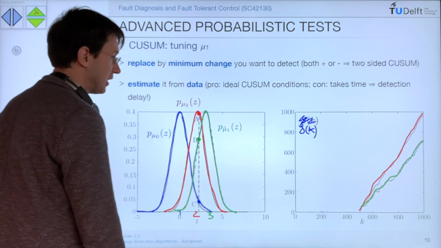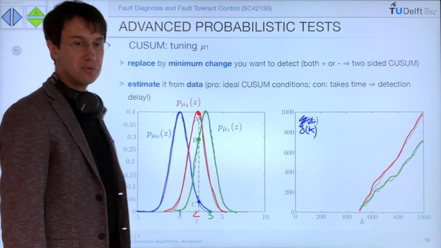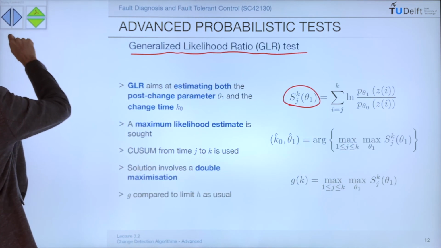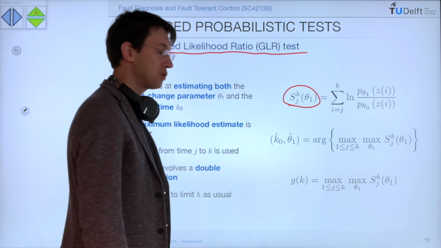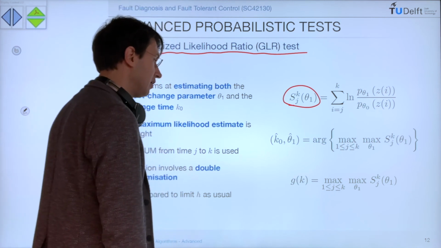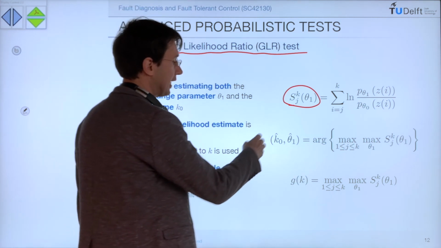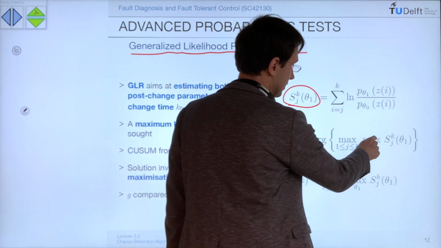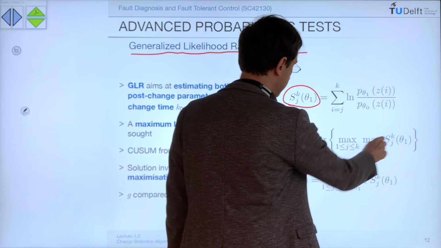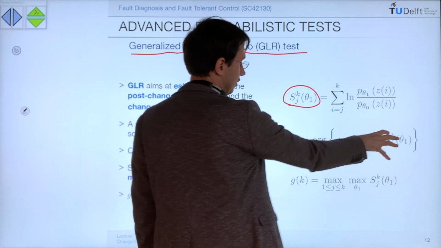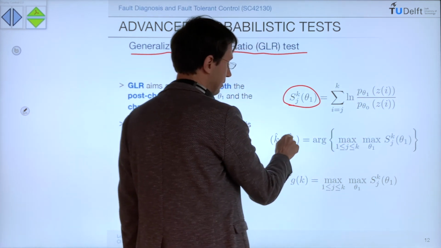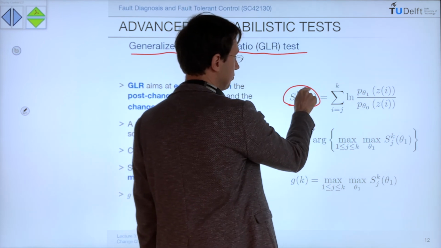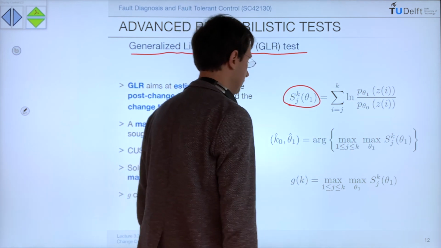So if we maximize S over mu, then we get a mu1 that is closer to the true post-change value. But here in general we have a parameter θ. So if we maximize over θ1 the sum, well, the argument of the solution of this is the best estimate θ1 hat of the true post-change value θ1.